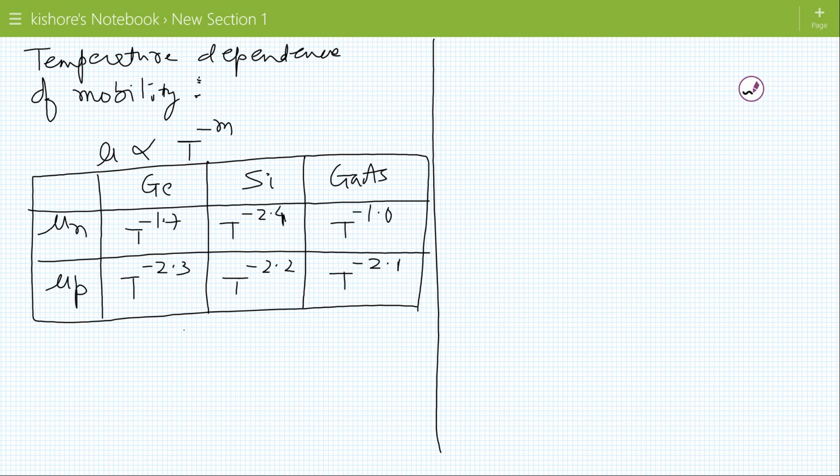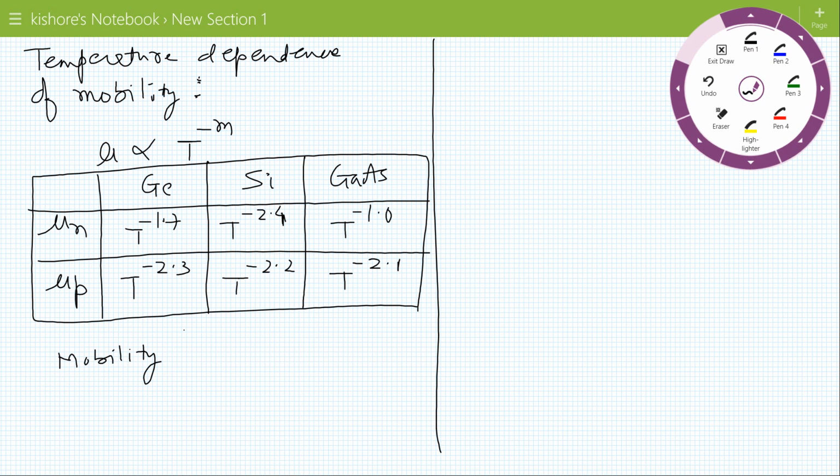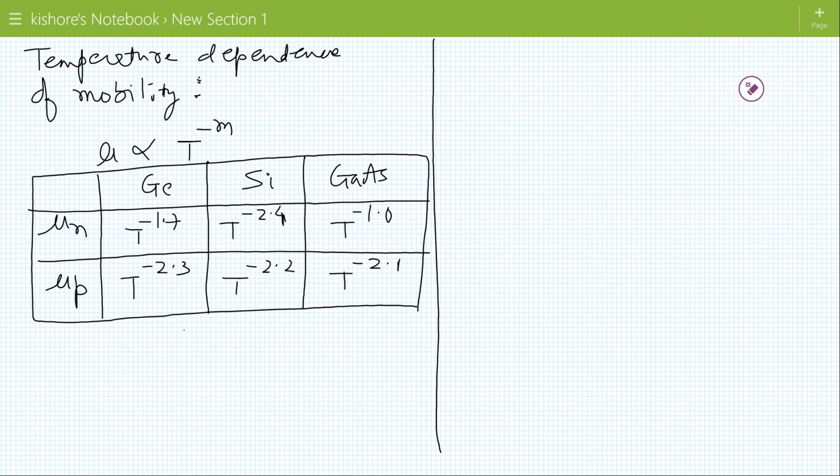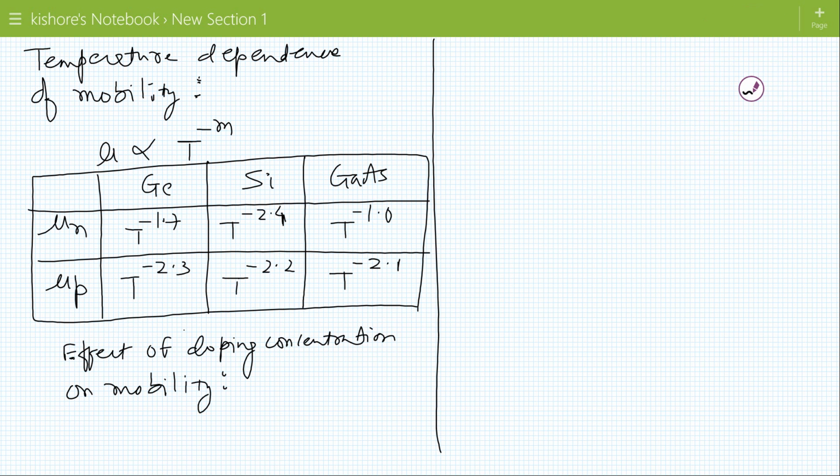Now similarly we can see the effect of doping concentration on mobility.